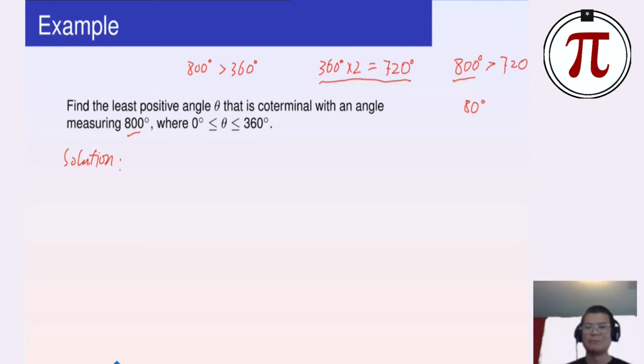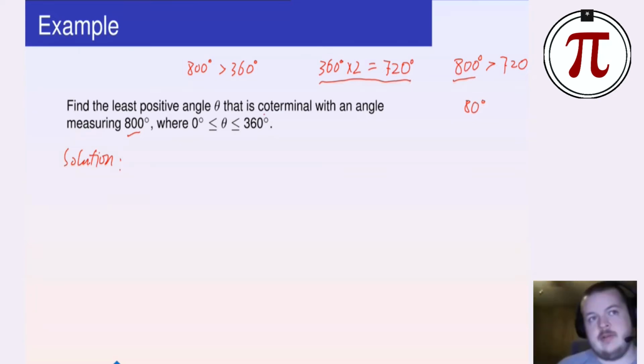So that's not a full rotation anymore. So that's 80. Okay, so now the question is: is 80 the least positive angle coterminal with 800?